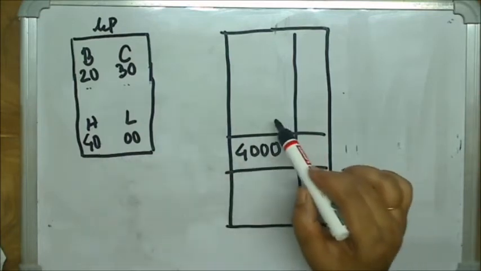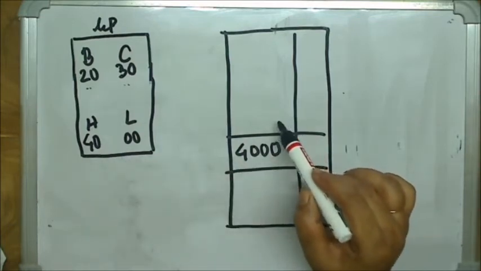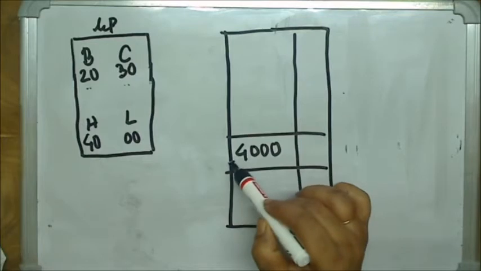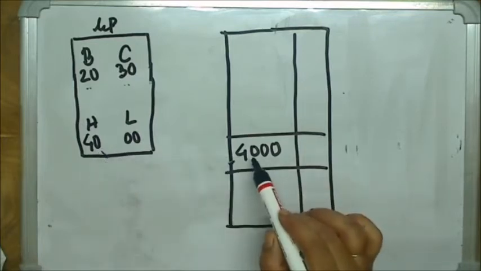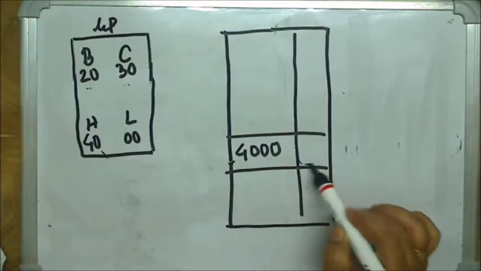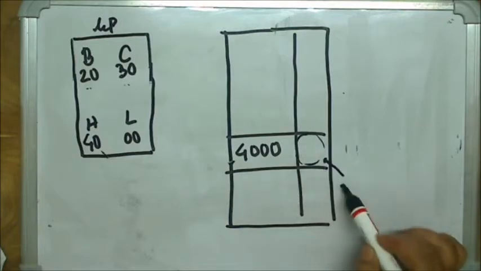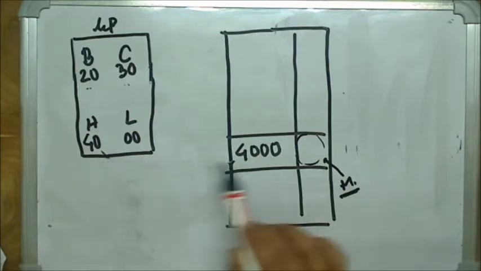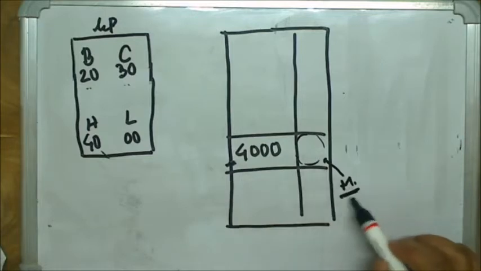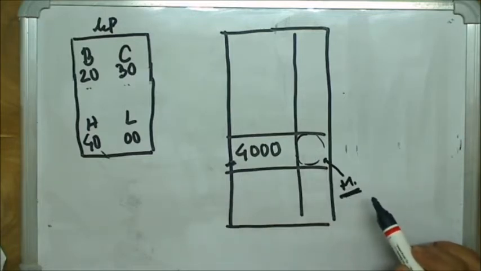There is some memory location 4000. As HL pair contains 4000, whatever data is stored in memory location 4000 will act as M. Clear?